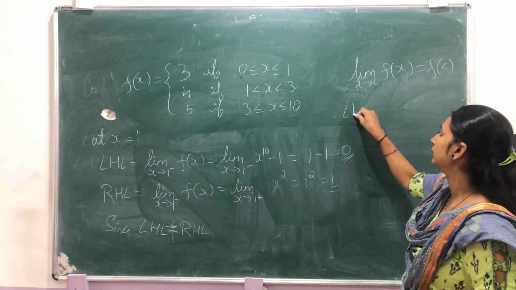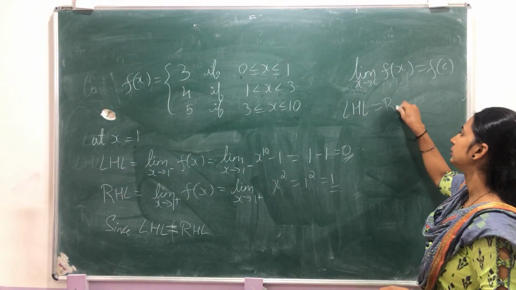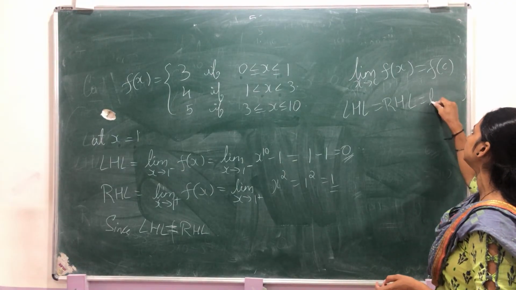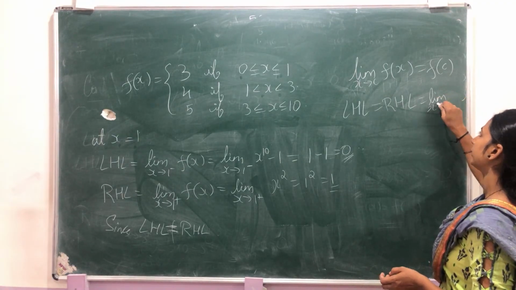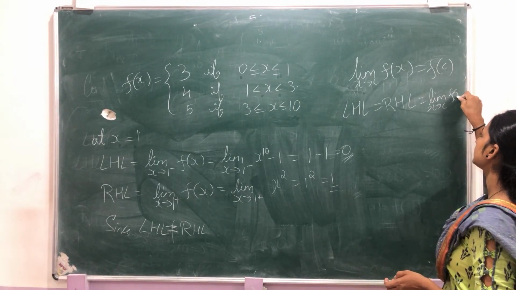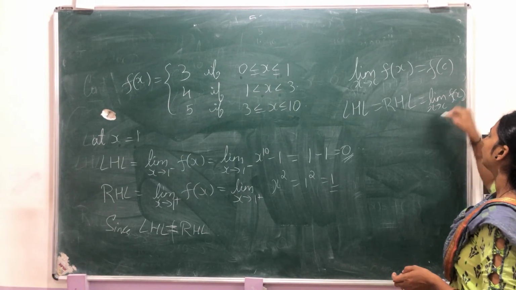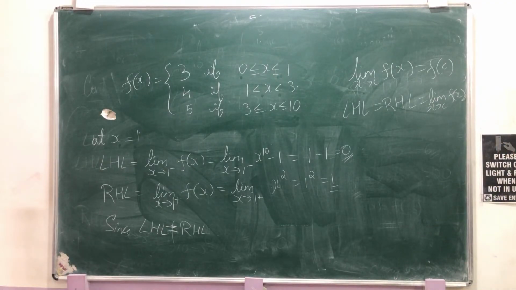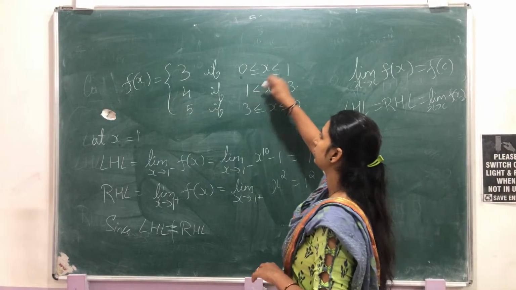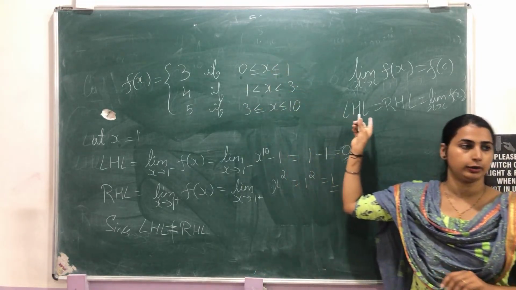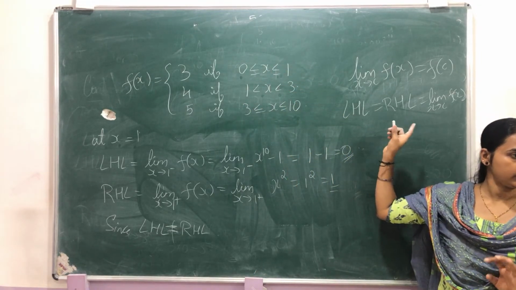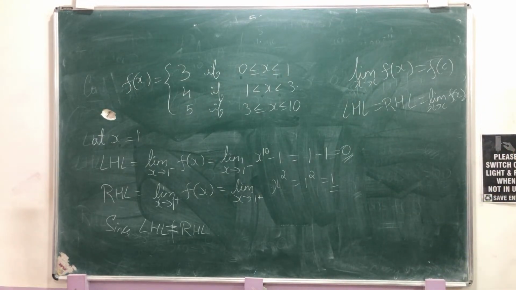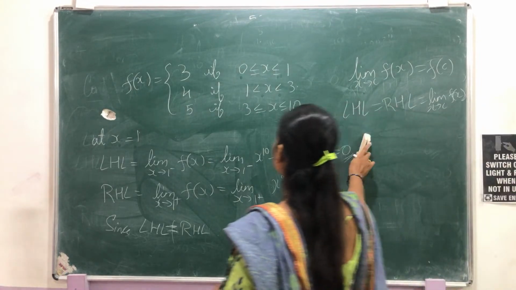Second definition, left hand limit equal to right hand limit, which is equal to value at that point. When to use this? When all three conditions are given, less than, greater than, equal. Here for 3 and 1 they have given, so for 3 and 1 we need to use this definition. Understood? Now I'll take x equal to 0.